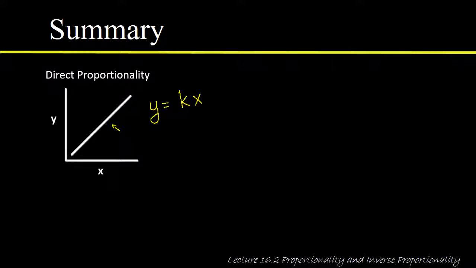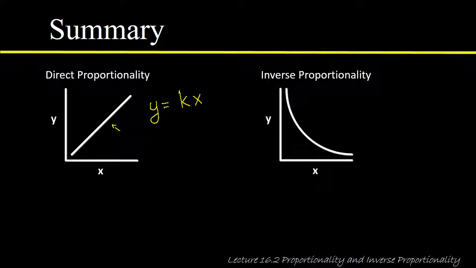We've also got inverse proportionality, in which an increase in x leads to a proportional decrease in y. And we said that the algebraic equation that relates variables x and y is y equals k times 1 over x. And again, k is a constant.